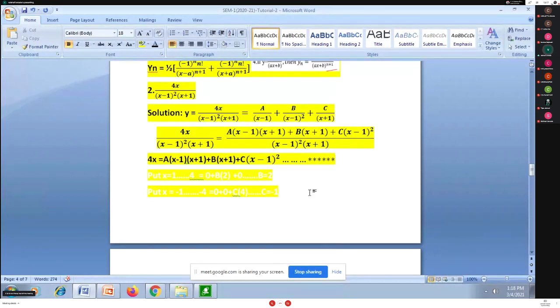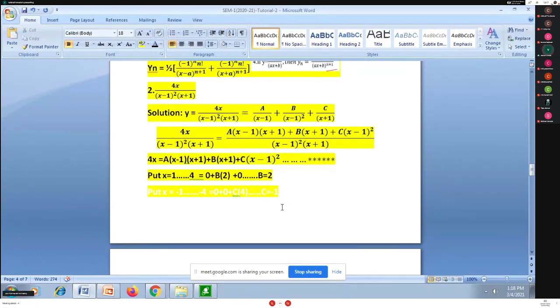Equating x minus 1 with 0, I have x is equal to 1. Substitute x is equal to 1 in this star step. So I have 4 into 1, 4, and on the right hand side 0 plus B into 2 plus 0. So you are getting B is equal to 2.